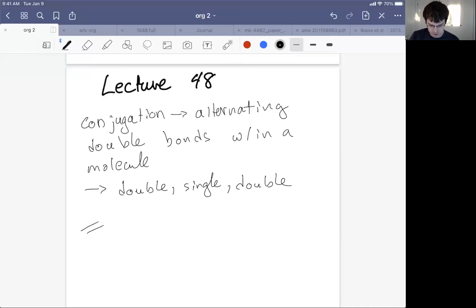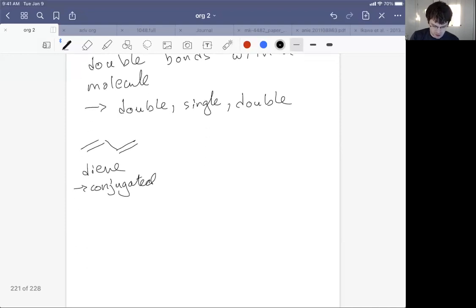So if we look, we would say this is a diene and it's conjugated. That's in contrast to a situation where we have dienes next to each other or dienes separated by two single bonds. We would say that these are not conjugated.